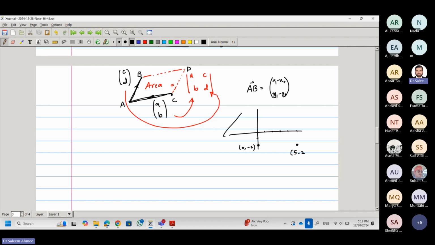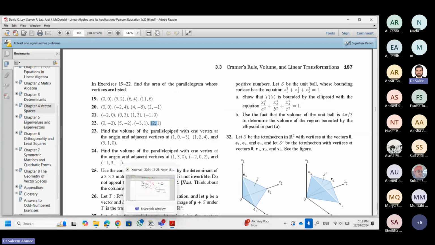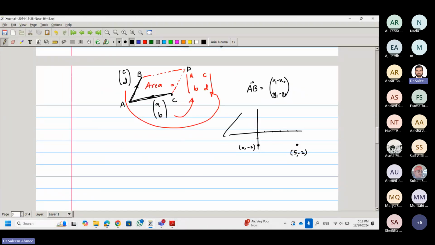So these are these 2 points, 0 minus 2, 5 minus 2, and then minus 3, 1, and 2, 1. So minus 3, 1. This is minus 3 and 1. So this is minus 3, 1.